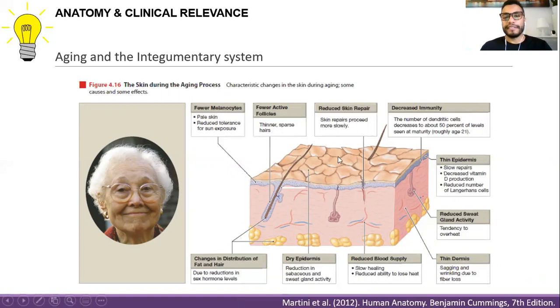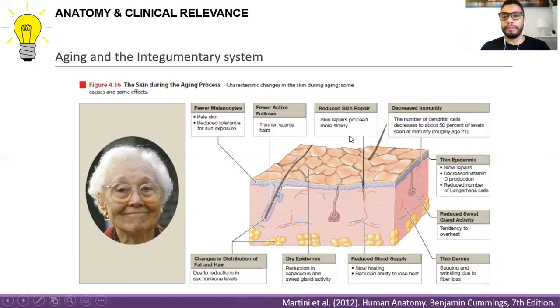The main changes that we can see is that the skin gets paler because we have fewer melanocytes, and this also reduces the tolerance for skin exposure.